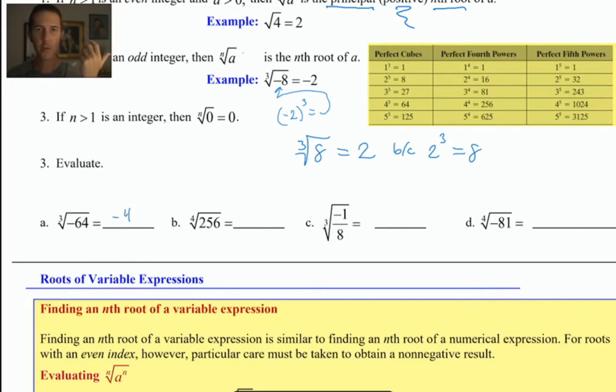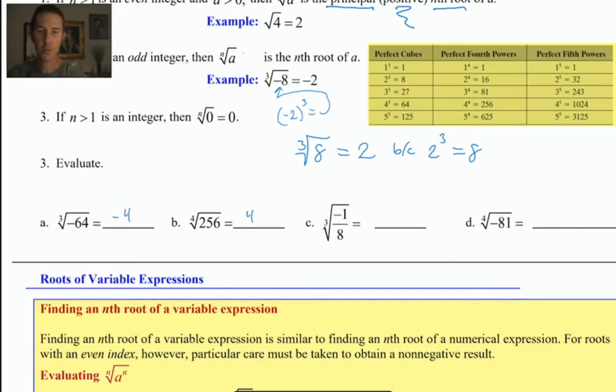So maybe you're a little aggressive and you try 5 times 5 times 5 times 5. Problem, you overshot it. That's equal to 625, so you got to back off a little bit. And you try 4 times 4 times 4 times 4, and you do indeed get 256.